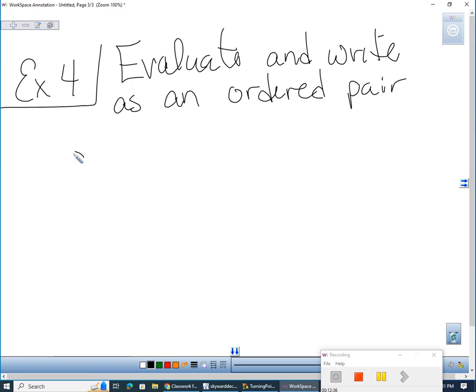So let's say I have f of x, which just means what? Y, right? I have f of x equals 3x minus 7, and I say for x equals 2. So if I'm going to evaluate, I take my 2 and plug it in for my x. You guys just told me this one means y. So it doesn't go here.